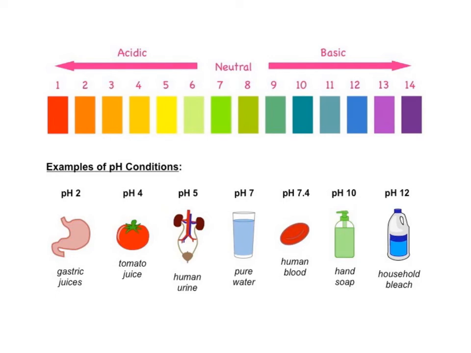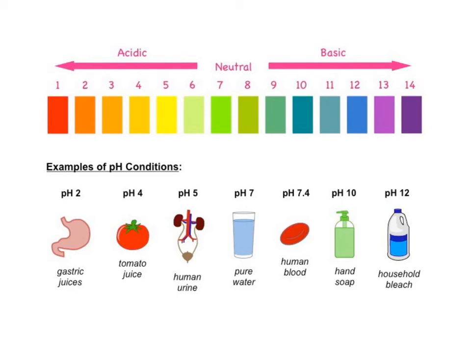Then I have some examples of items that have pHs. Water, if it's pure, is going to be 7, because there's equal hydrogen ions and hydroxide ions. Gastric juices, the juice that is in your stomach, has a pH of 2, and that is going to be 100 times stronger than tomato juice, which has a pH of 4.